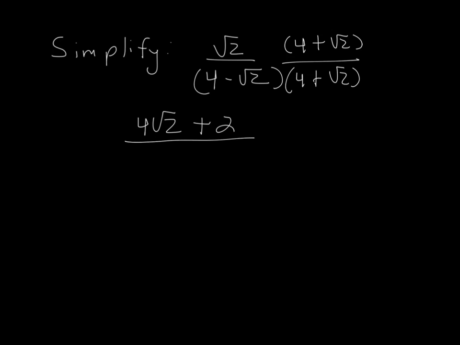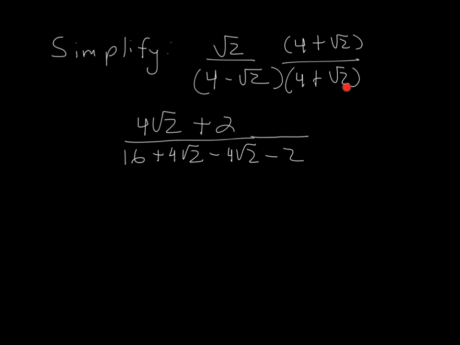Now for the denominator. We get 16, 4 times 4. Then we would get plus 4 root 2 minus 4 root 2, and then minus 2. I'll go through that with you. 4 times 4 is 16.